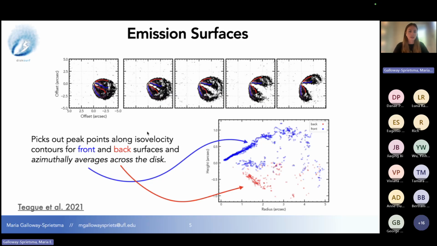And then this information is azimuthally averaged to give us something like this, which shows the height of the emission surface over the radius. This is a dirtier version of an emission surface that isn't cleaned up yet, but you can see here this flared front surface and a little bit of the flared back surface. So this is the methodology I'll be talking about today.